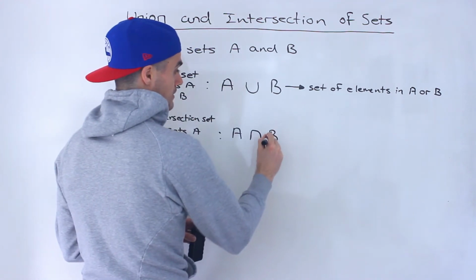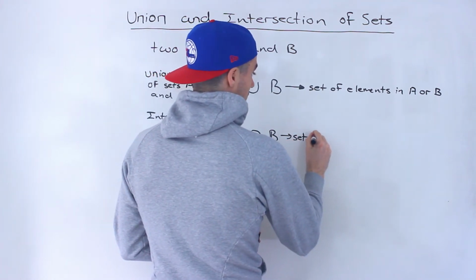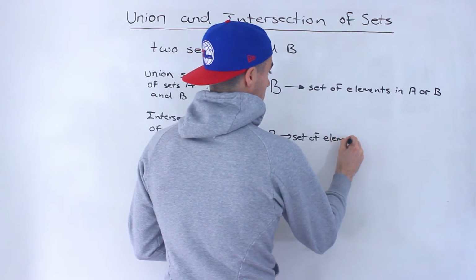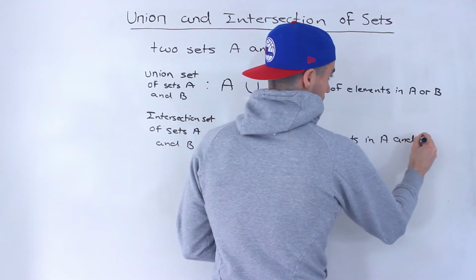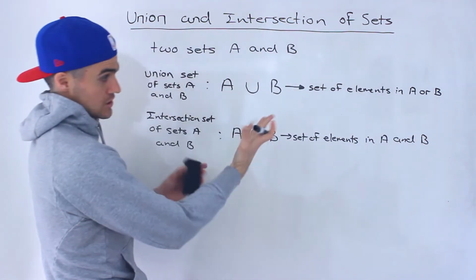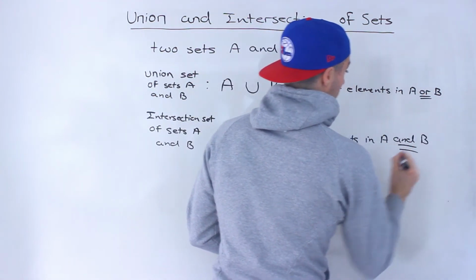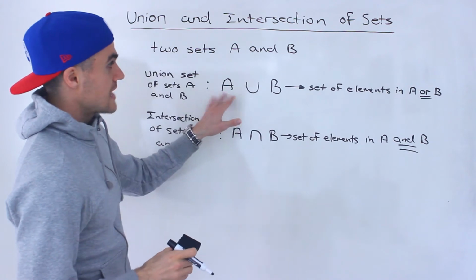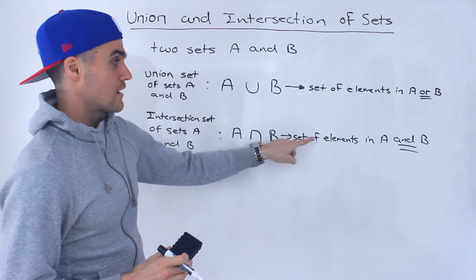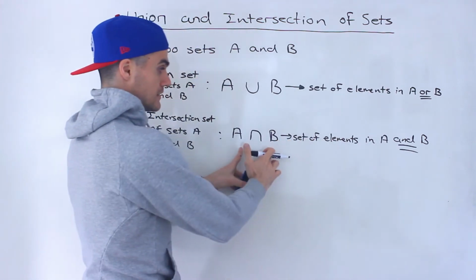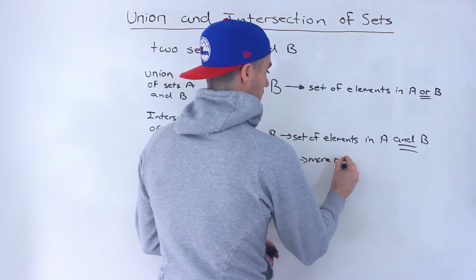So you'll have A intersection B, and this set is going to be the set of elements in A and B. Notice the difference in the wording. The only difference is the word "or" and the word "and". The union set is the set of elements in A or B. And this one is the set of elements in A and B. So this one, the intersection, is more restrictive than the one up top.